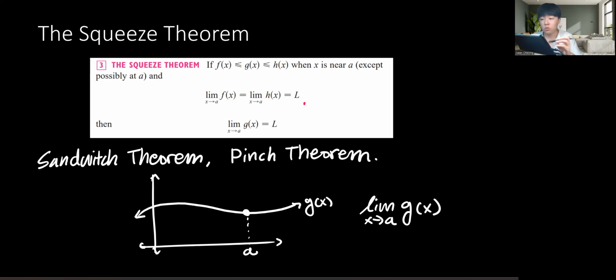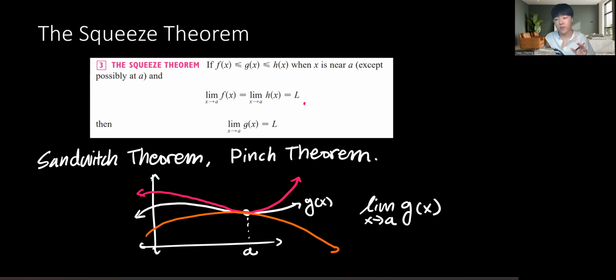Then what we're going to do is find two functions that are sandwiching this value near a, something like that. Let's say we find functions that sandwich that value at x equals a, and let's say this one is h(x) and this one is f(x).